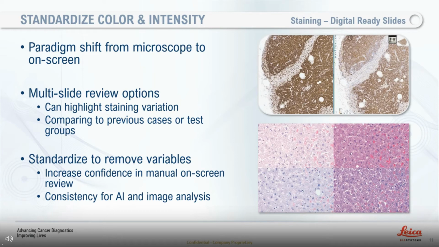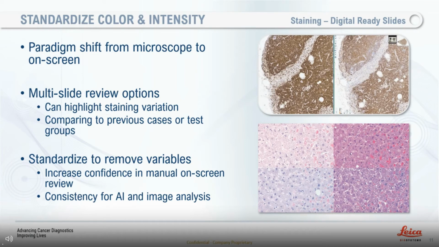The other piece, and you'll see it down on the H&E slides towards the bottom of the screen, these are actually serial sections of the same tissue, cut to the same thickness and sent to different labs, asking them to just do their normal H&E staining on it. And what you'll see here is a massive variation in the color and the intensity of the staining of their H&E.